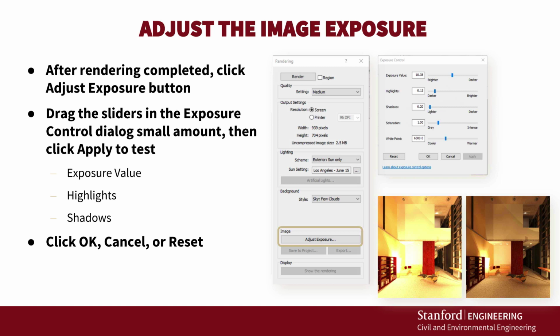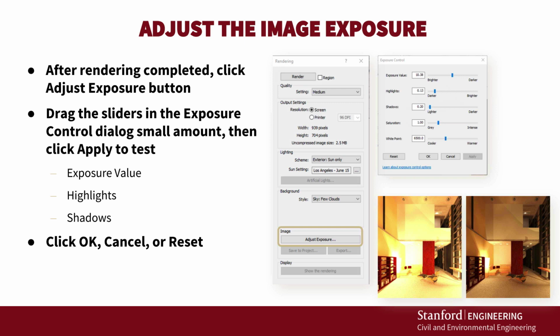And then for the shadows, I might bring them to the lighter side, so the darkest areas aren't quite as dark. And the combination of those effects, and it usually takes a little bit of experimentation, can usually yield the desired visual effect for your rendered image.